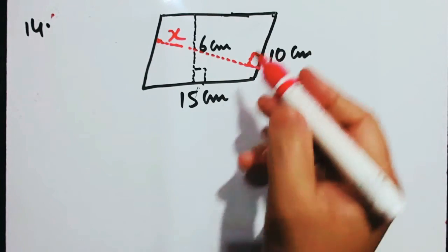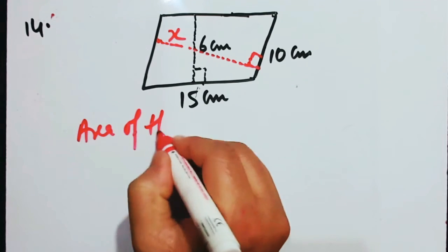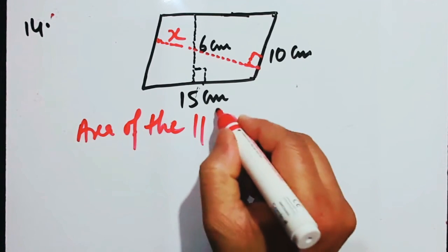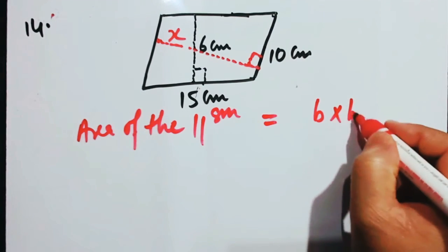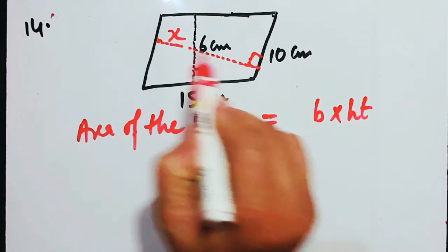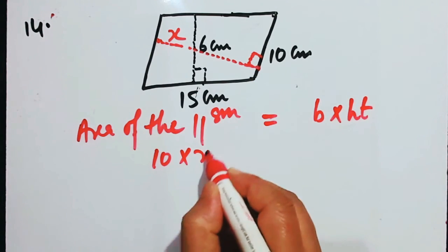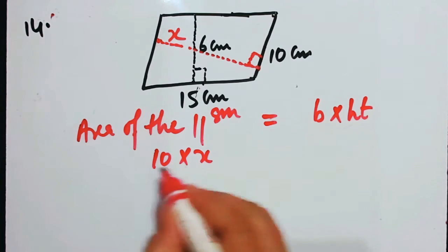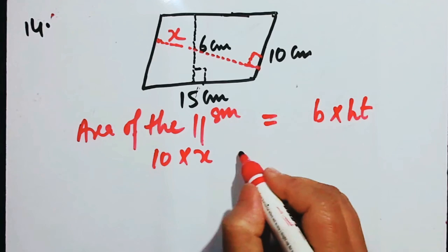So area of the parallelogram is equal to base into height, that you know. Now if we take these two shorter sides, the area will be 10 into x, base into height.